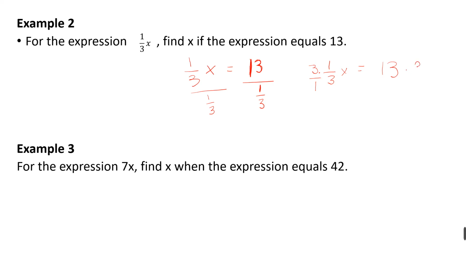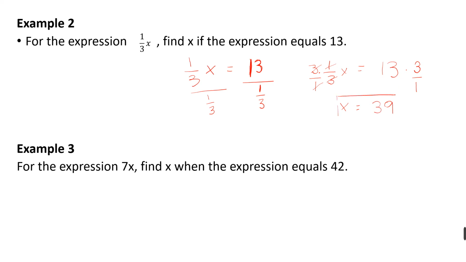And whatever you do to one side of the equation, you must do to the other. And so these 3's cancel each other, and of course the 1's cancel each other. And we're left with x by itself. And then we have to do 13 times 3 divided by 1, which is the same as doing 13 times 3. 13 times 3 is 39.